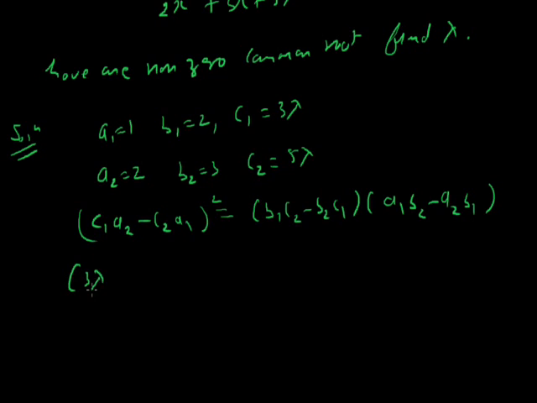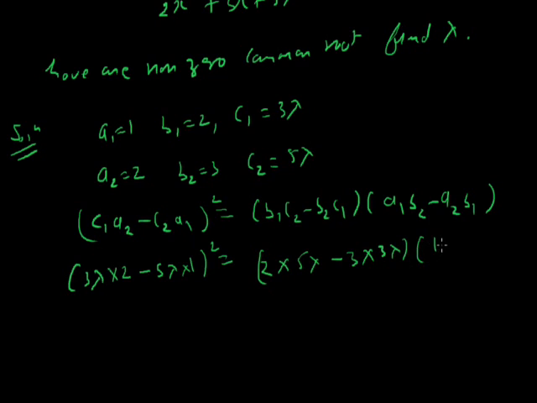That is 3 lambda. What is the value of a2? That is 2, minus what is the value of c2? That is 5 lambda. What is the value of a1? That is 1. The whole square is equal to, what is the value of b1? That is 2. What is the value of c2? That is 5 lambda. What is the value of b2? That is 3. c1, 3 lambda bracket.